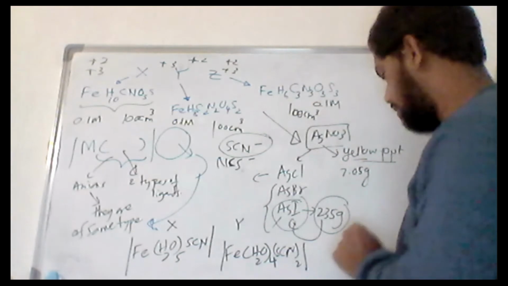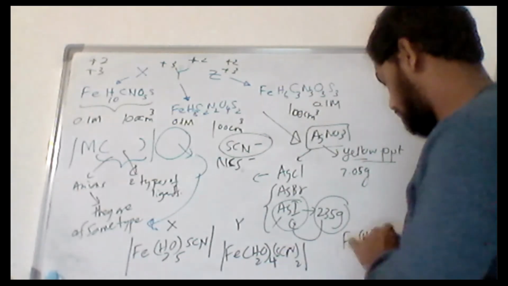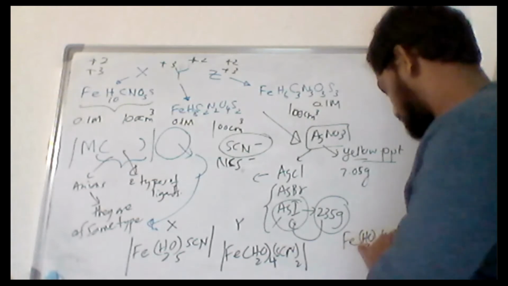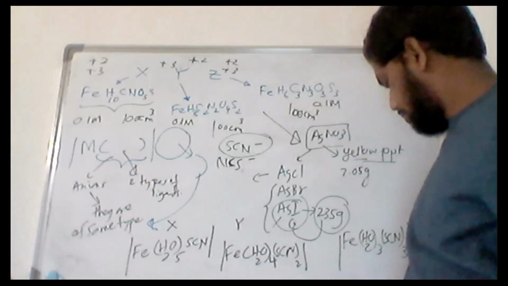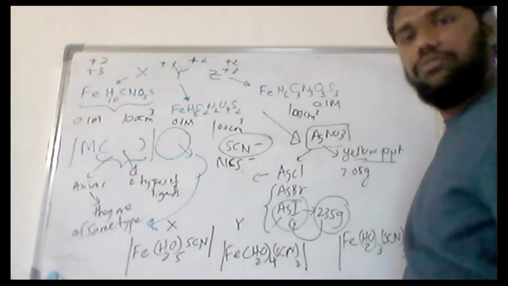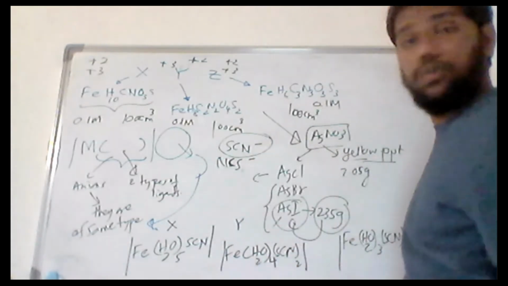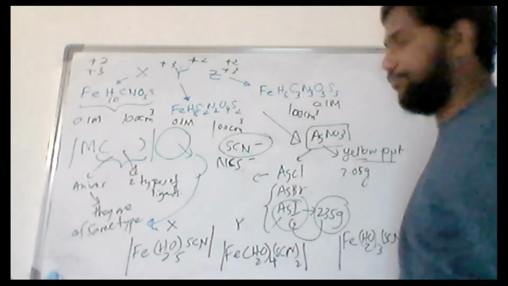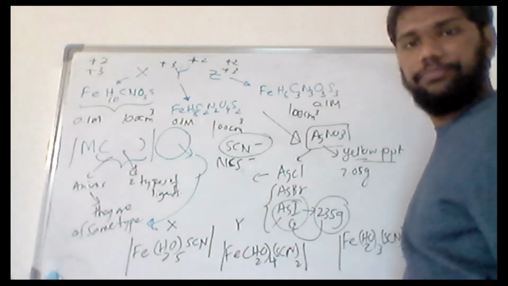And with the third one, Fe H2O3 SCN thrice. This is also very nice. You see, I can easily make the octahedral complex when I use water and thiocyanate or isothiocyanate. 6, 6, 6 in the inner coordination sphere.